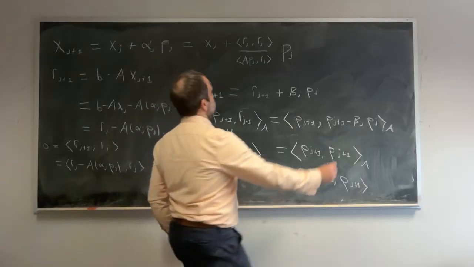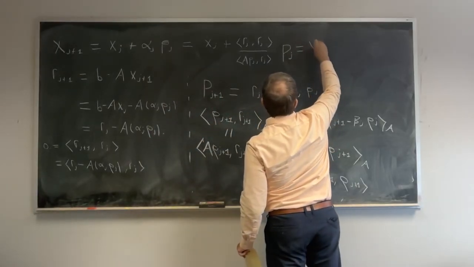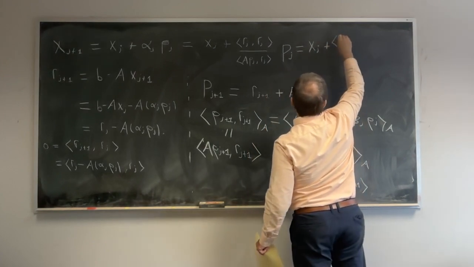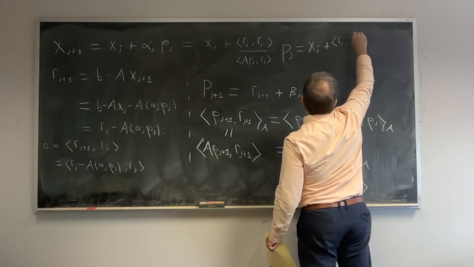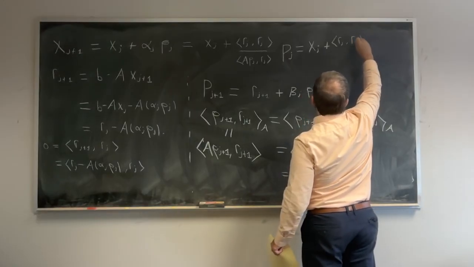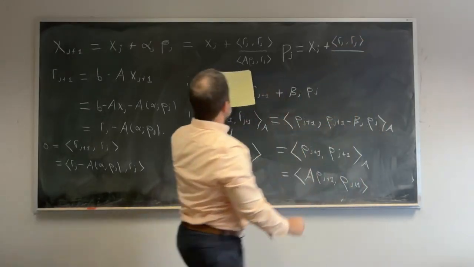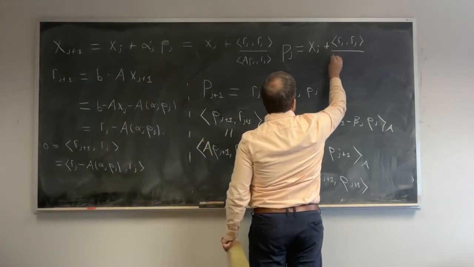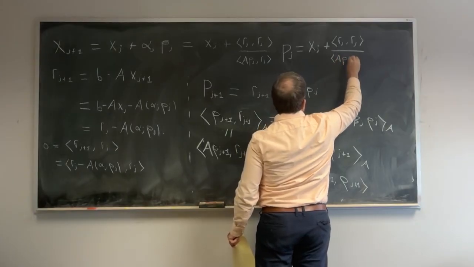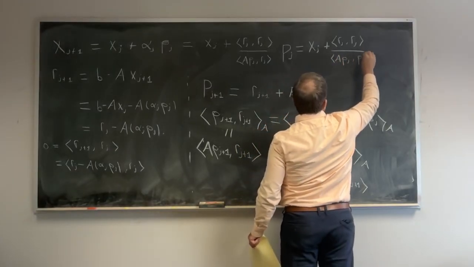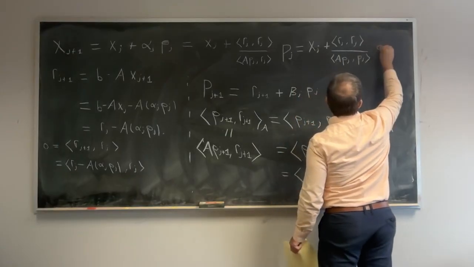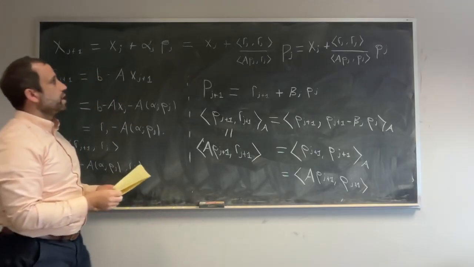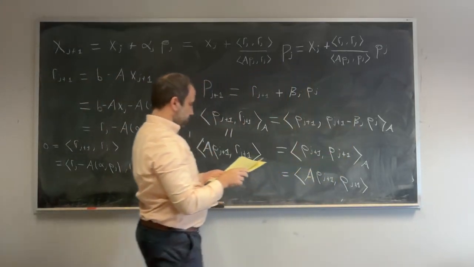So another way to write alpha_j is x_j plus r_j in the numerator, and in the denominator A p_j, r_j we can write simply as A p_j, p_j. Okay, so again, this right here is another way that we can write alpha_j.